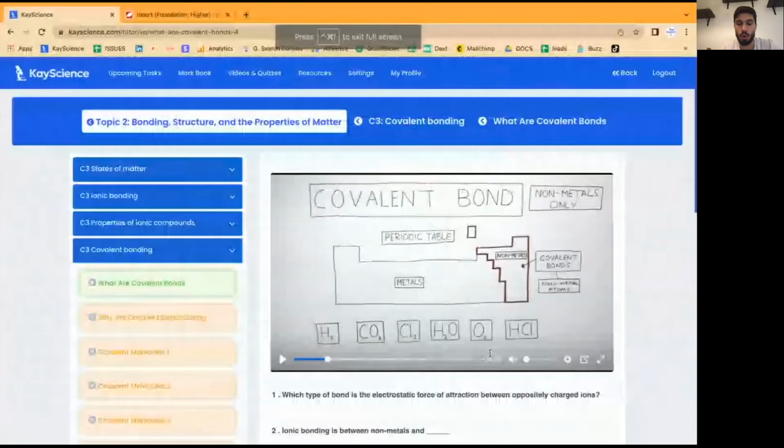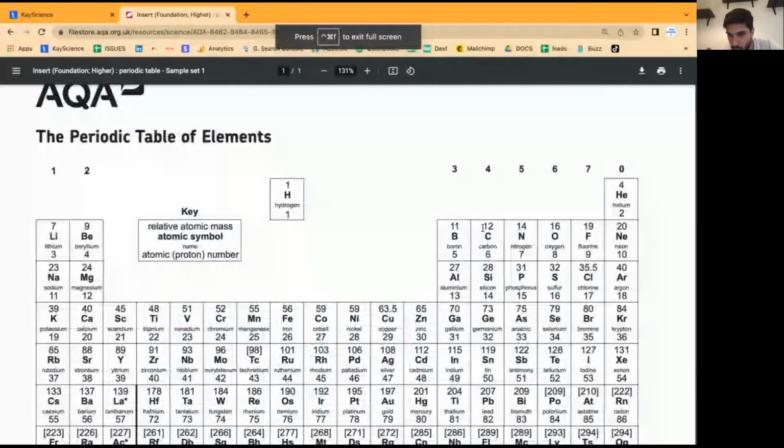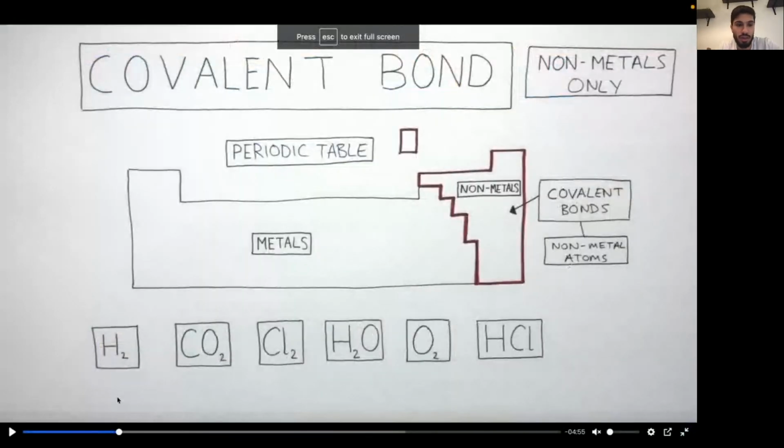You go to the periodic table and think, carbon is a non-metal, oxygen is a non-metal, so there must be covalent bonding between the atoms. Hydrogen and chlorine are non-metals, so there must be covalent bonds between them. Hydrogen and oxygen are non-metals, so it must be covalent bonding. That's how you can identify if there's covalent bonding between these atoms.